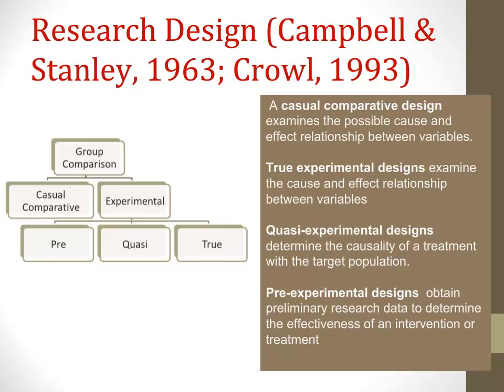Last but not least is the pre-experimental design, and we're not going to spend a lot of time discussing this because Campbell and Stanley say these designs are of little value due to the severe threats to internal validity.